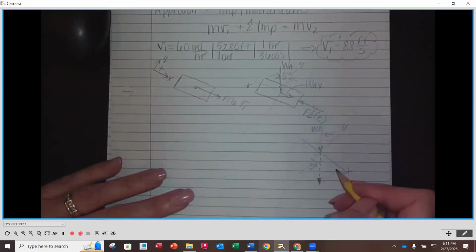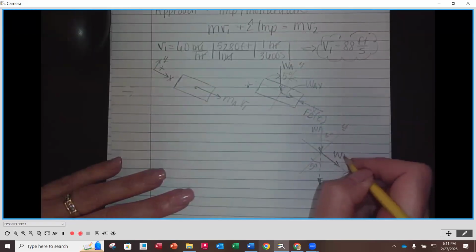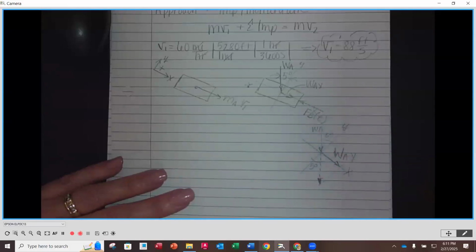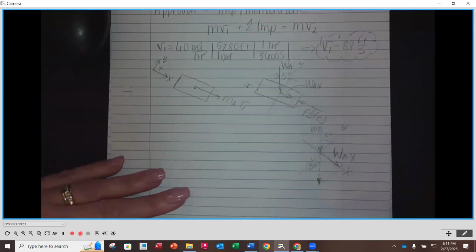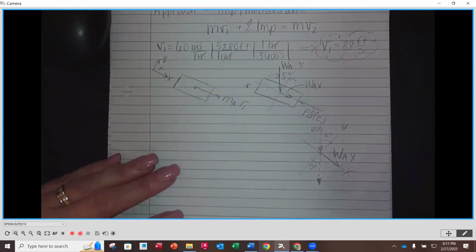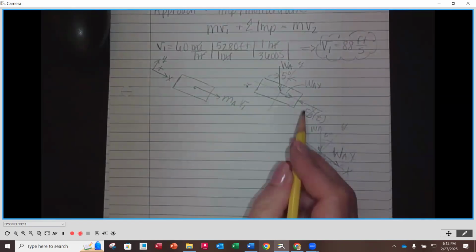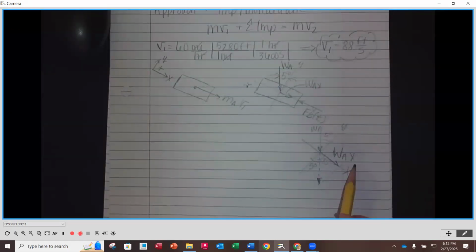So if I want to get the component to the x-axis, which is the one that we're trying to find, this would be my WAX. Does that make sense to everybody? So kind of this is that force right there, along the x-axis. So now to get that value, that means that if this is 5 degrees, this is going to be 85 degrees. So you can either take the cosine of 85 degrees or the sine of 5 degrees multiplied by the weight to get that x component.